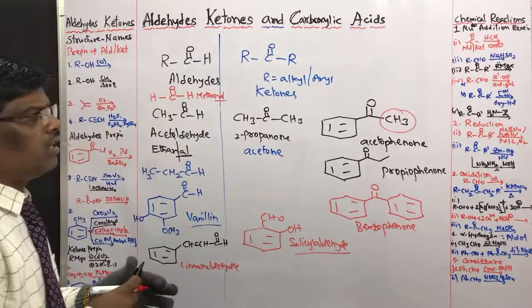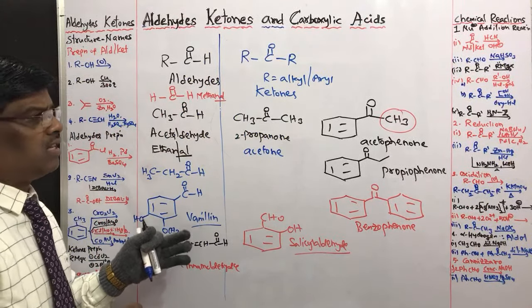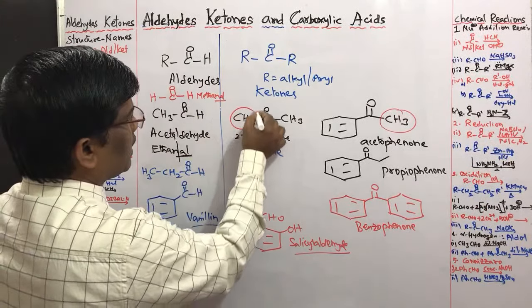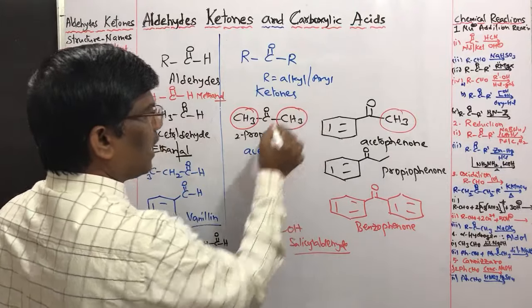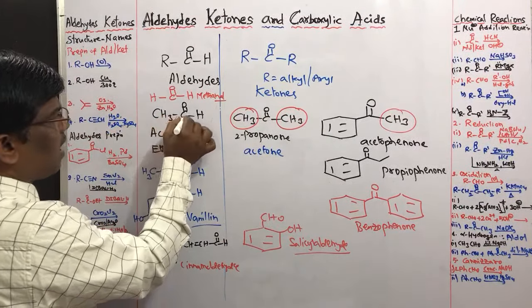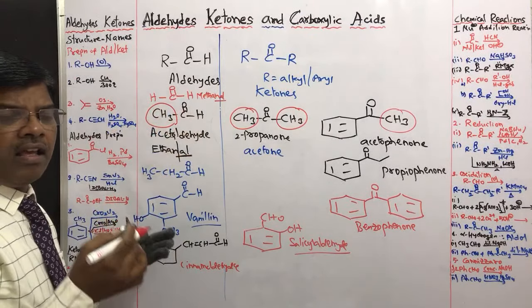So these are all, you can write n number of compounds with different structures. It doesn't matter whether this group can be alkyl or aryl, or both alkyl and aryl, whereas the aldehyde group can be alkyl, aryl or heteroaryl.